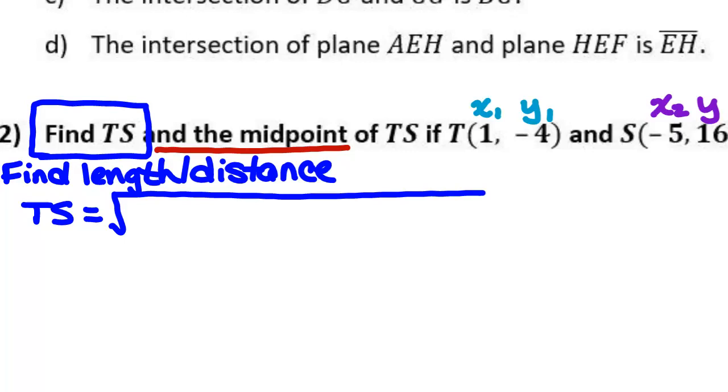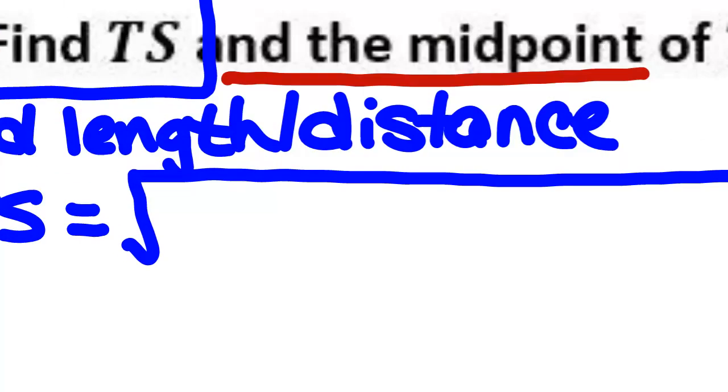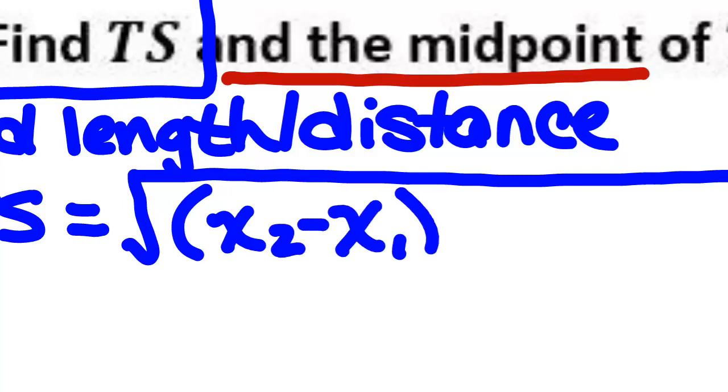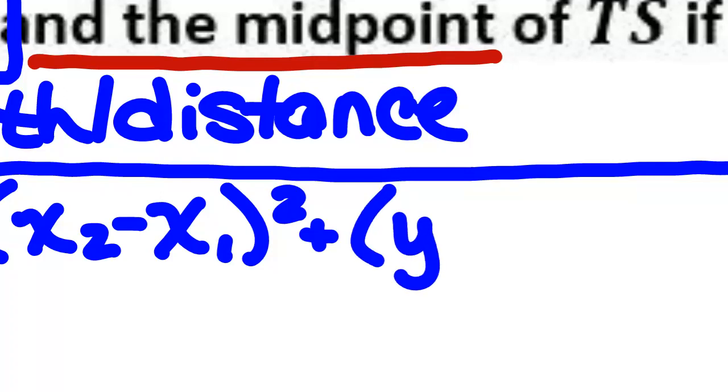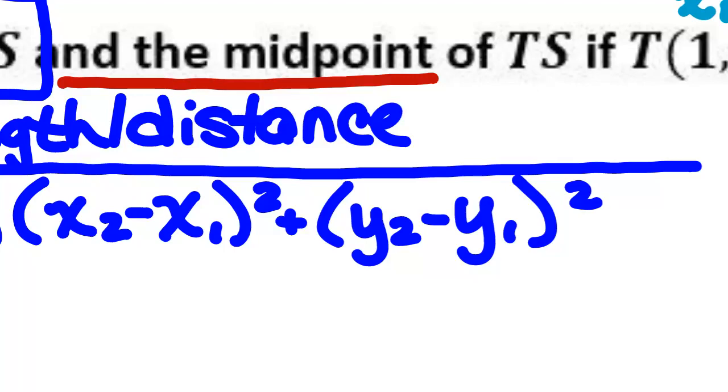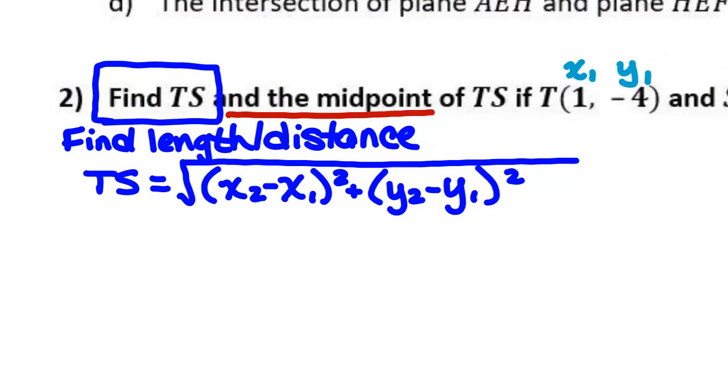When you look at the top of your test tomorrow, it'll have D equals for distance equals. And then we do X2 minus X1, close our parentheses and square it, plus Y2 minus Y1, close the parentheses and square it.